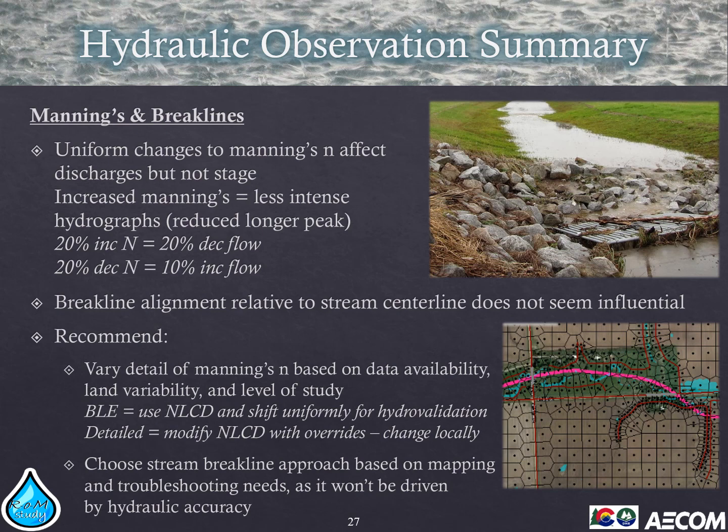Now in a detailed study, we might start with the National Land Cover, we might not use it at all, but regardless, you'd want to modify that data set with overrides and changing those values locally as well in order to match your stage values that you would expect. Regarding break lines, we just recommend using a stream breakline approach that is based on your mapping and your troubleshooting needs, whatever is appropriate in that project setting, but it won't be driven by hydraulic accuracy.